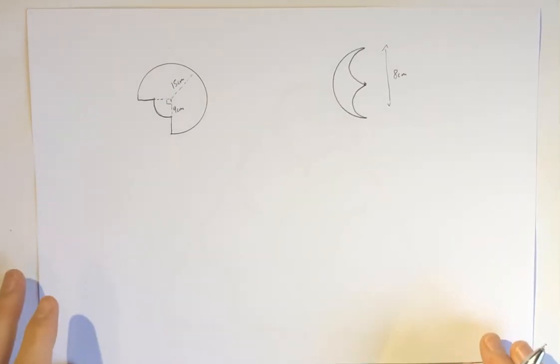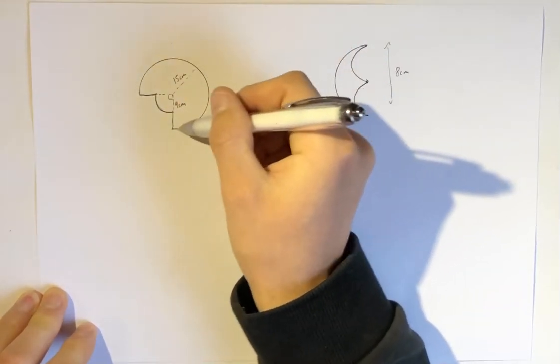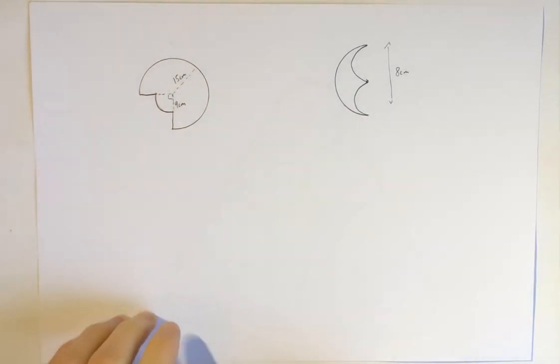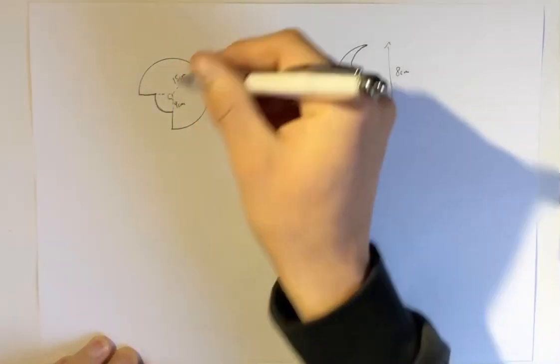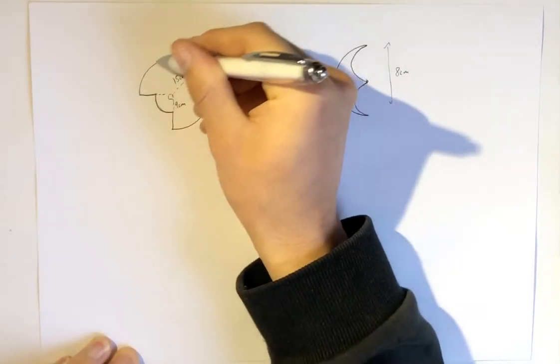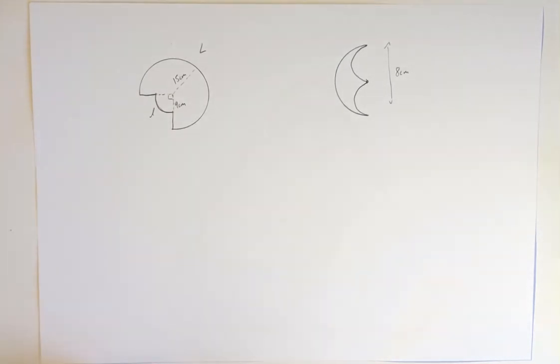So what we have here, hopefully you can see that, is a 3/4 circle and a quarter circle that's a little smaller. So what we want to calculate is, we'll go capital L for that big length, and little l for that length.